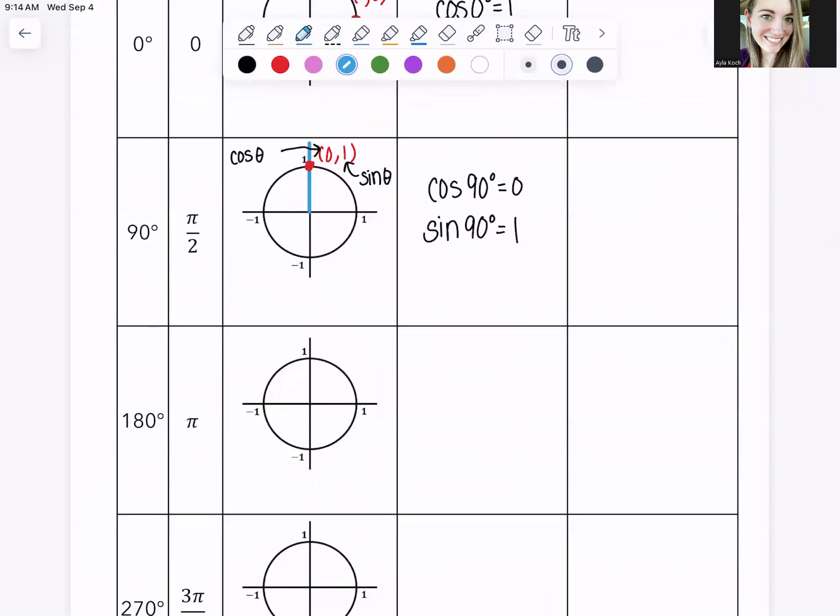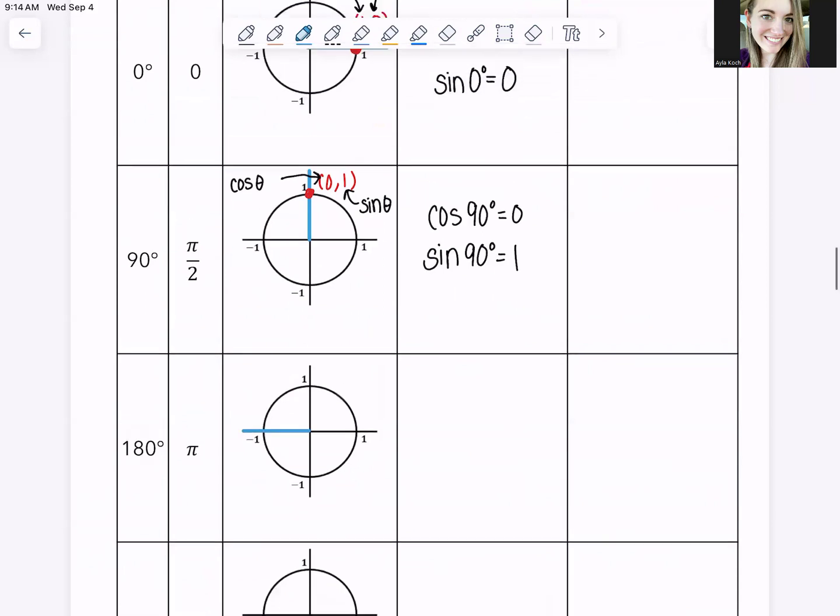180 degrees. That's going to be all the way here. And maybe I should just write in here that this is 90 degrees. And right in here, this is 180 degrees. This is the point -1 comma 0.